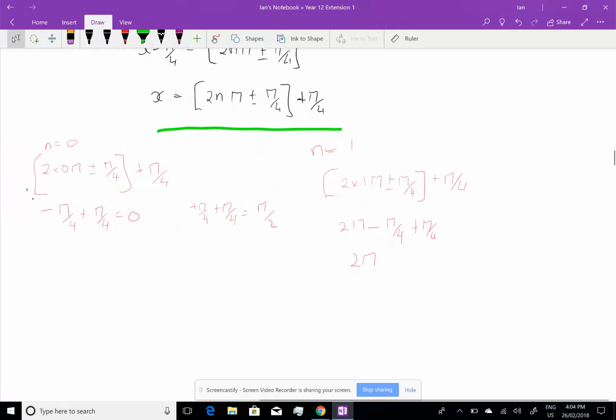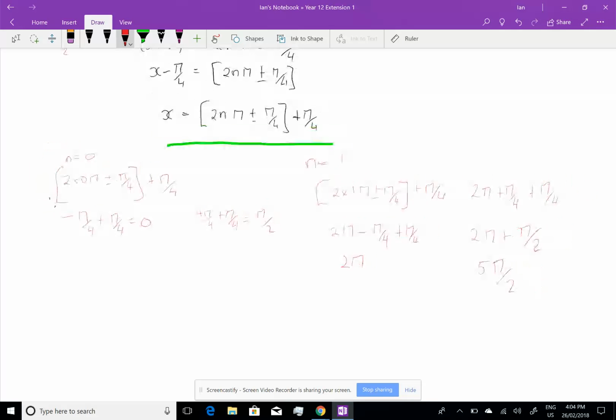If I take the positive, I get 2 pi plus pi on 4 plus pi on 4, which is 2 pi plus pi on 2, which is 5 pi on 2.